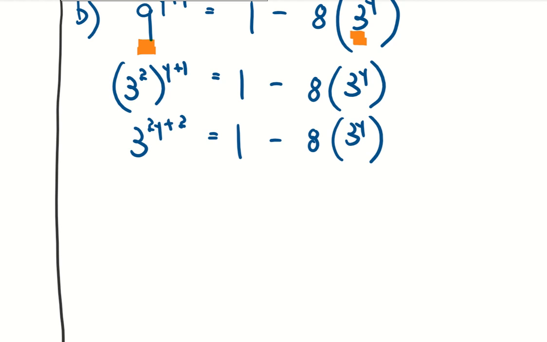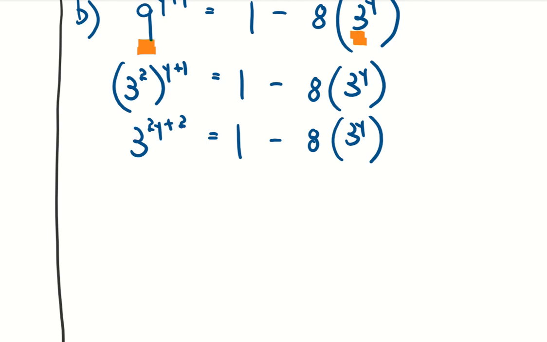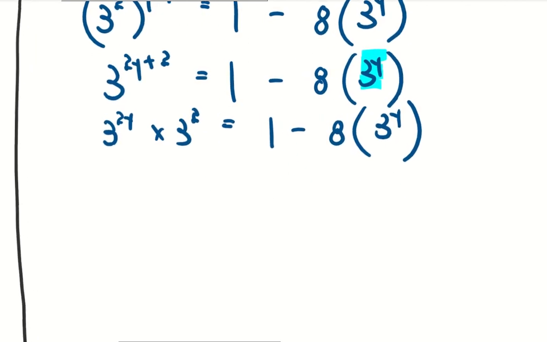But in order for me to make use of the substitution method, as I've said previously, I would like to change everything in terms of the smaller term. It seems that the smaller term is 3 to the power of y. I need to make sure my left hand side can be rewritten as 3 to the power of y as well. Remember, the idea is to change it to 3 to the power of y.